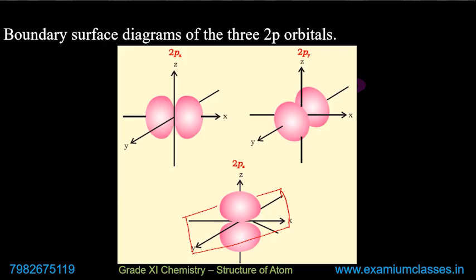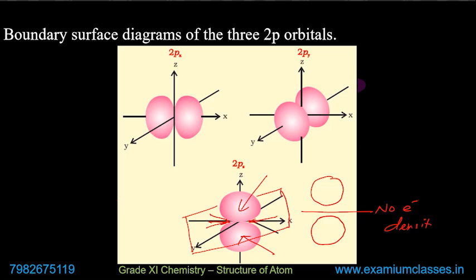In this whole plane, there is no electron density. No electron density is here, none here, none here. Between these two lobes, there is no electron density. If you separate these two lobes, suppose this one and this one, here there is no electron density.